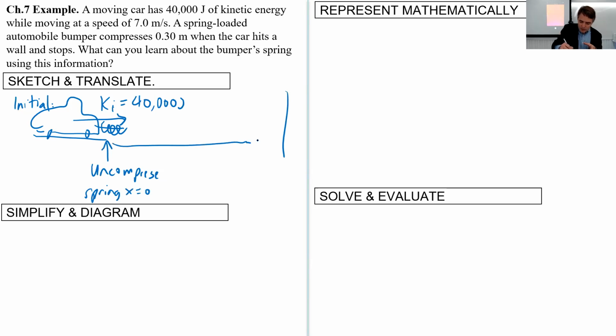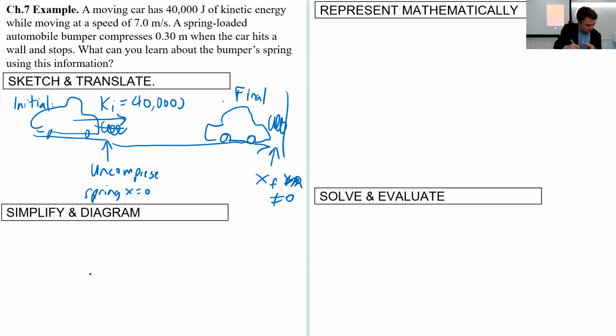Then it goes some distance, and then it hits, and the spring gets compressed. So this is final. Same car, sorry about my horrible drawing, but you get the basic idea, is that x final is greater than 0. Well, x final is not 0.